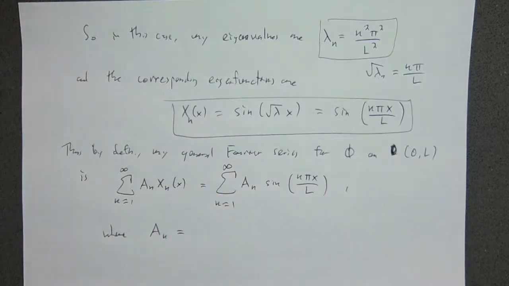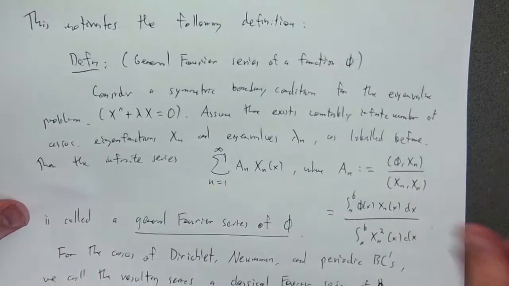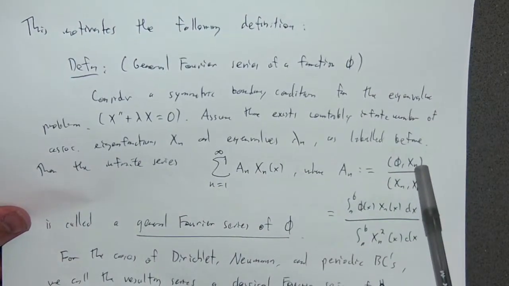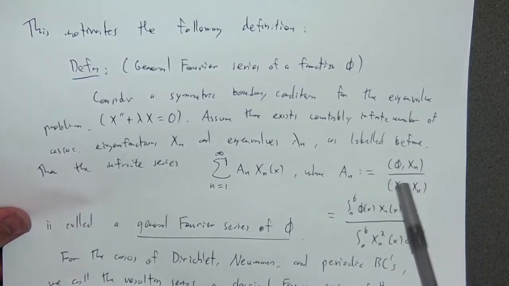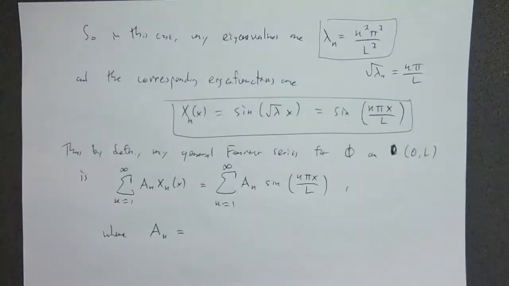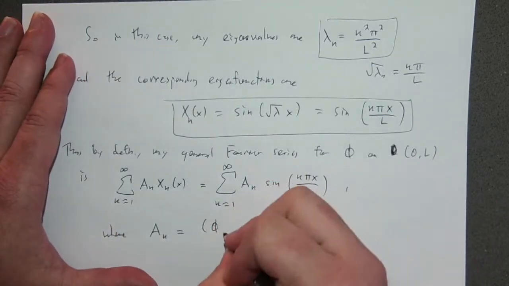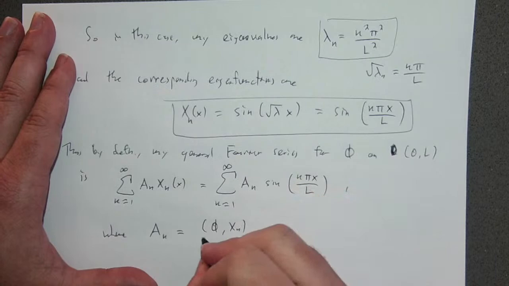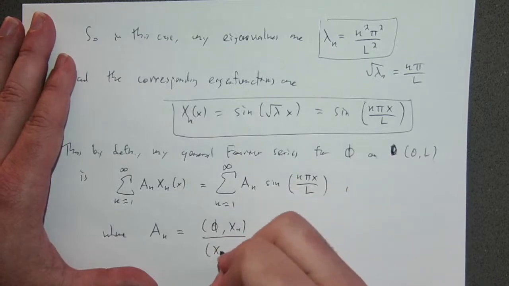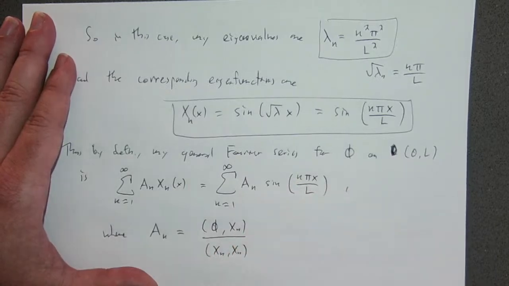where a sub n is what? Well, let's go back to our definition. It is the inner product of phi and x sub n over the inner product of x sub n with itself.